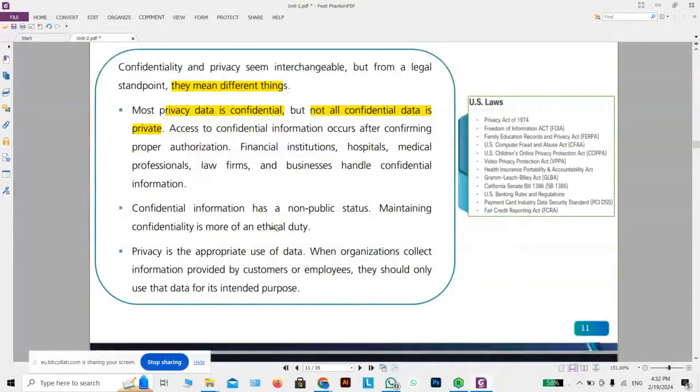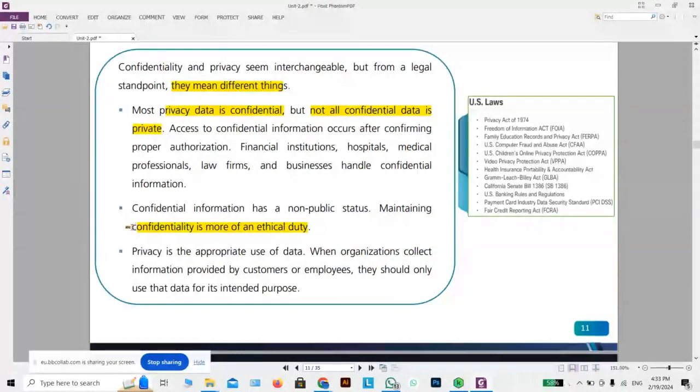For example, doctors in the hospital may have access to your whole history of disease. They should keep it confidential. They are using your private data, but it is their ethical duty not to share it with anyone, to ensure the confidentiality of the data.